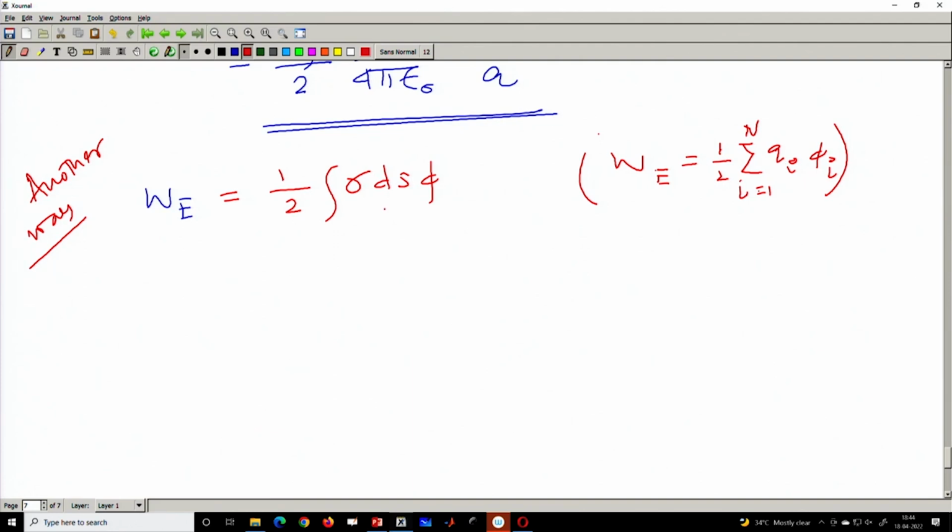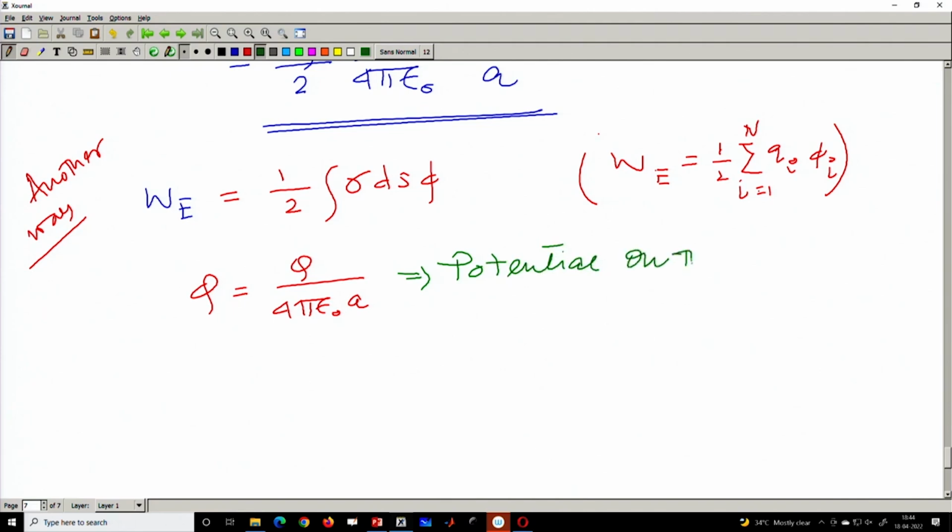Okay. Now this phi, the potential, has the value q divided by 4 pi epsilon 0 A, which is the potential on the surface of the cell.